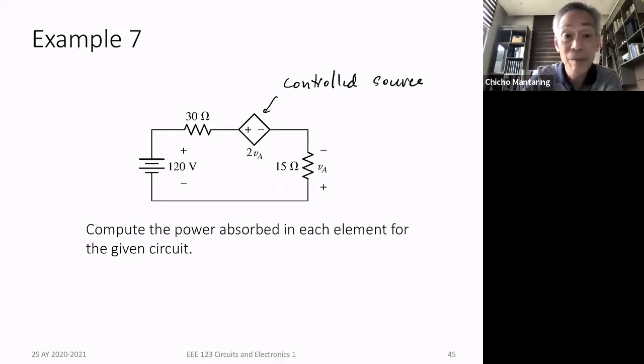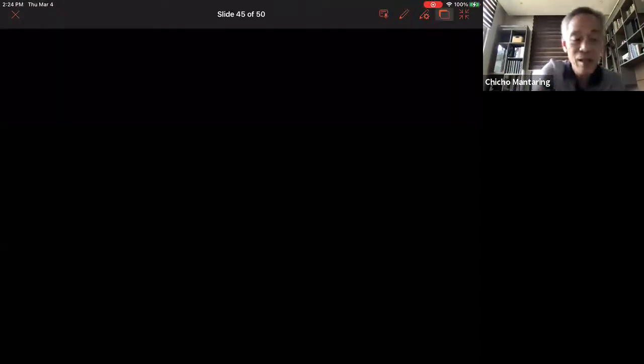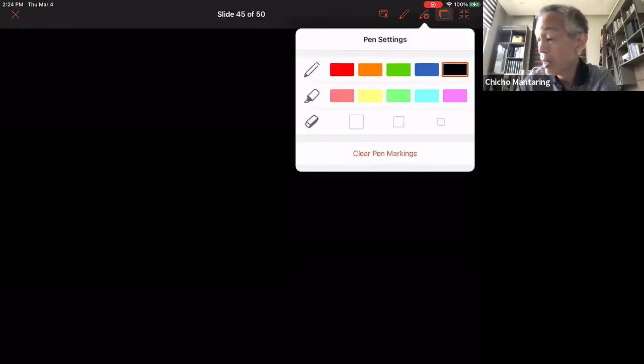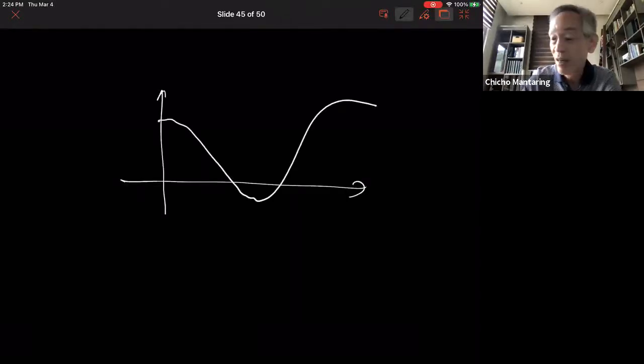What happens if some parts of the graph of a varying voltage goes below 0? What would be the V average? What if I had a voltage like this, for example, V versus T?